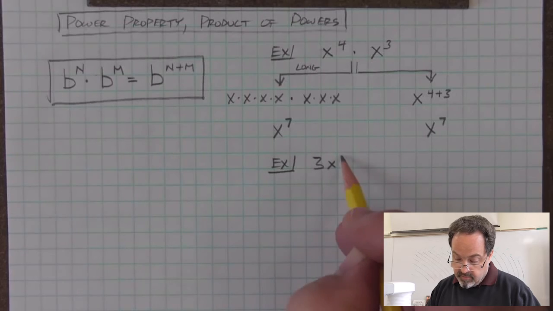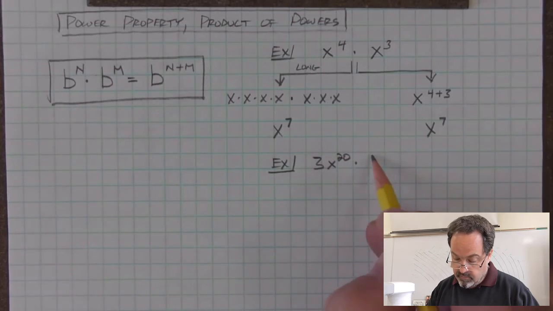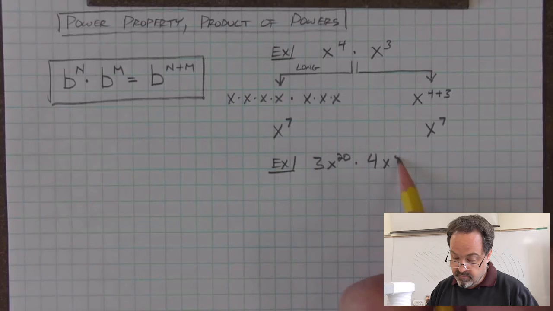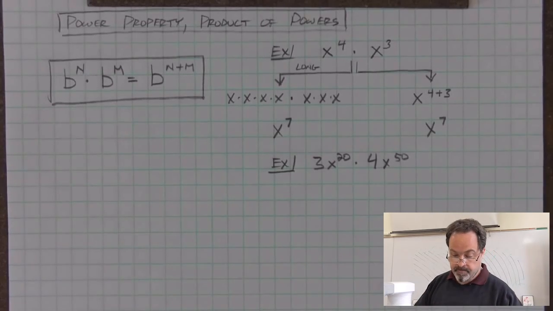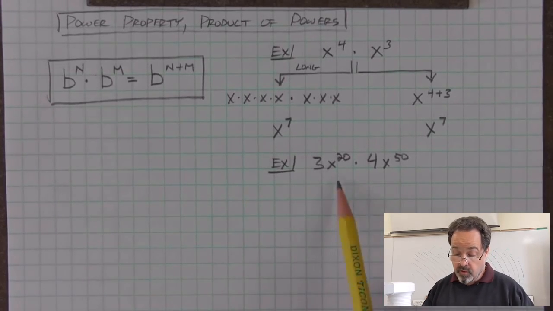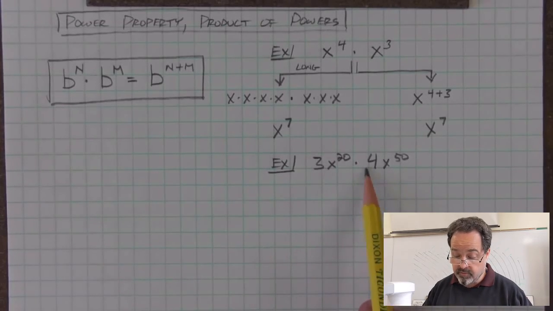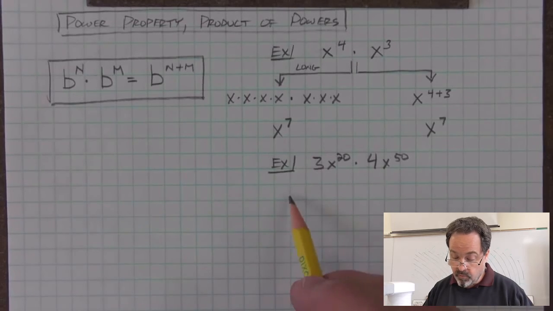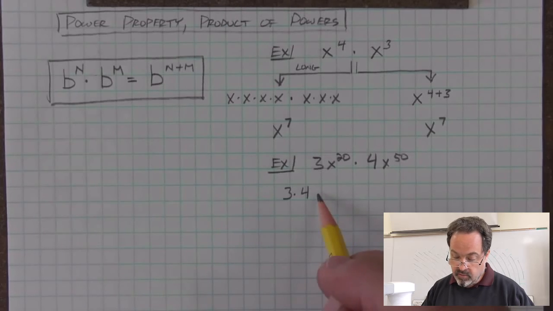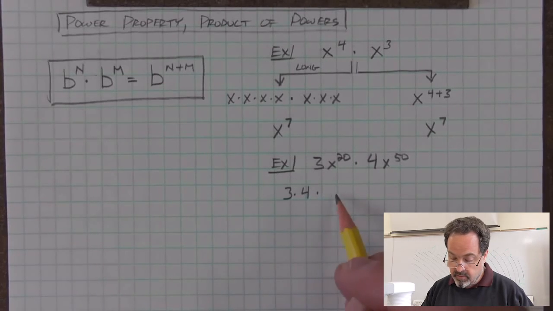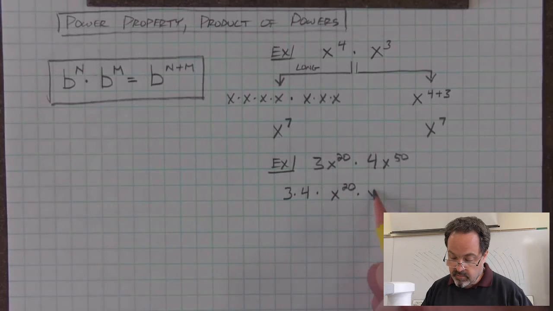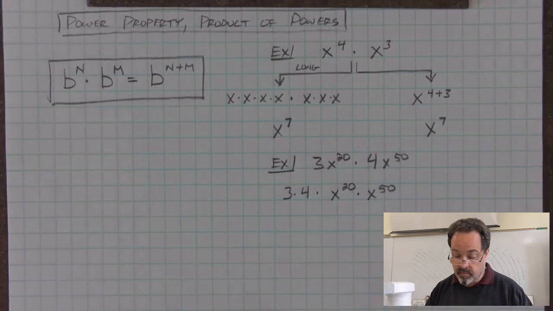3 times x to the 20th times 4x to the 50. Here we have two powers, but the powers are also multiplying two numbers. The 3 and the 4 are going to multiply each other, and we can rearrange what we're multiplying so that we can see the power x to the 20th times x to the 50th separated from the 3 and the 4.